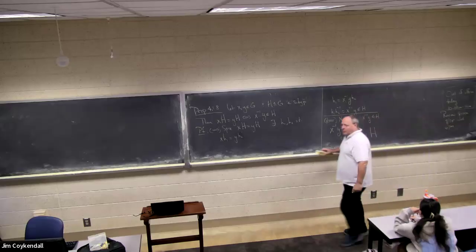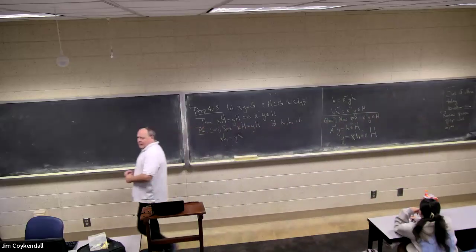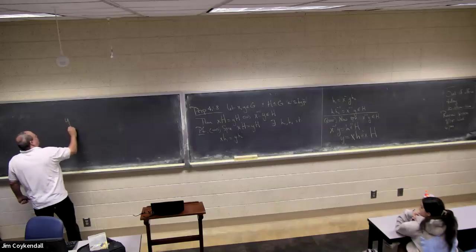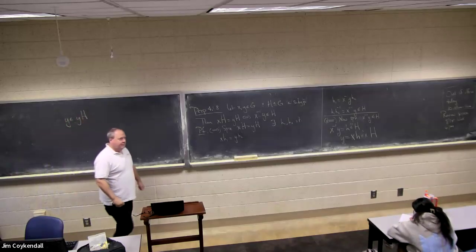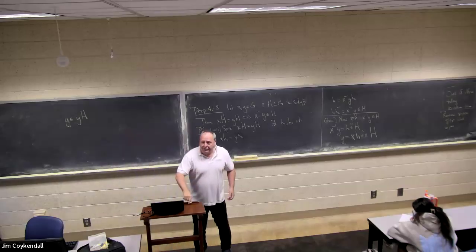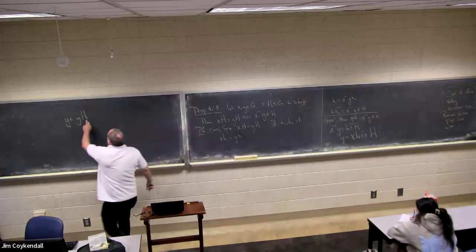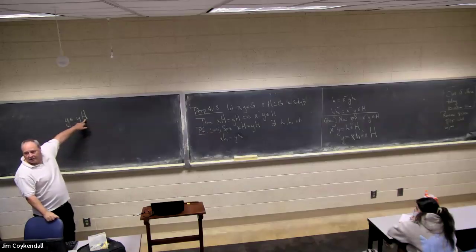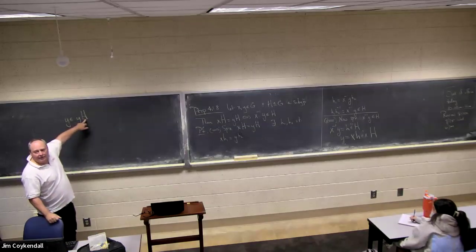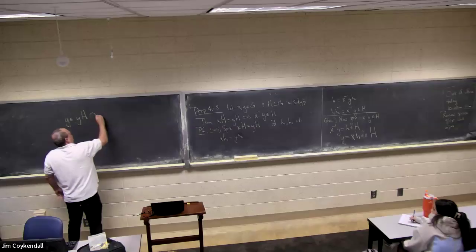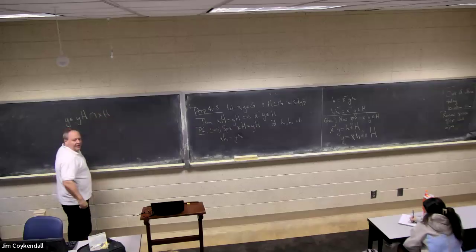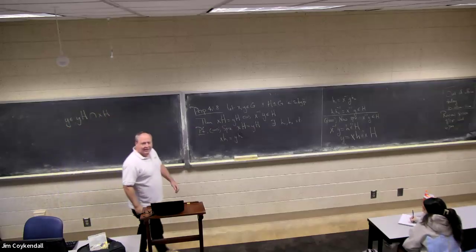And let me also point out that Y is also in YH. Has to be, right? Because one of the elements of H is the identity element. That means that Y is in YH. So Y lives here and it lives here. And what do we know about two cosets?